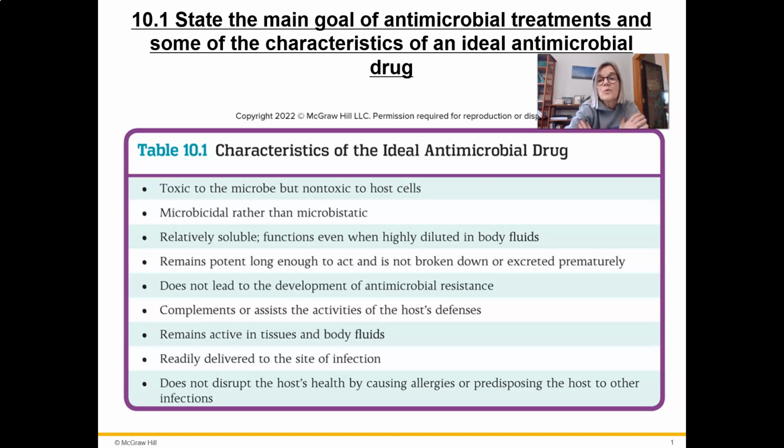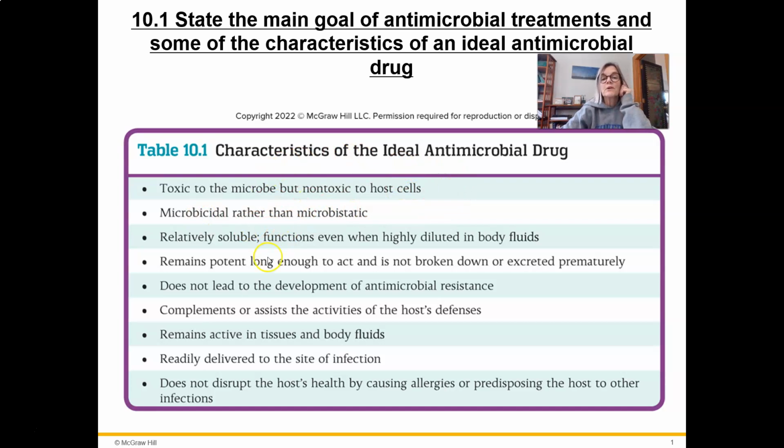So that drug wouldn't interfere with our cell wall synthesis since we don't have cell walls. And we talked a little bit about how ribosomes are different in bacteria than they are in eukaryotic cells. So again, bacterial ribosomes can be a great target for antimicrobial drugs. So it would be toxic to the microbe, but not toxic to host cells.